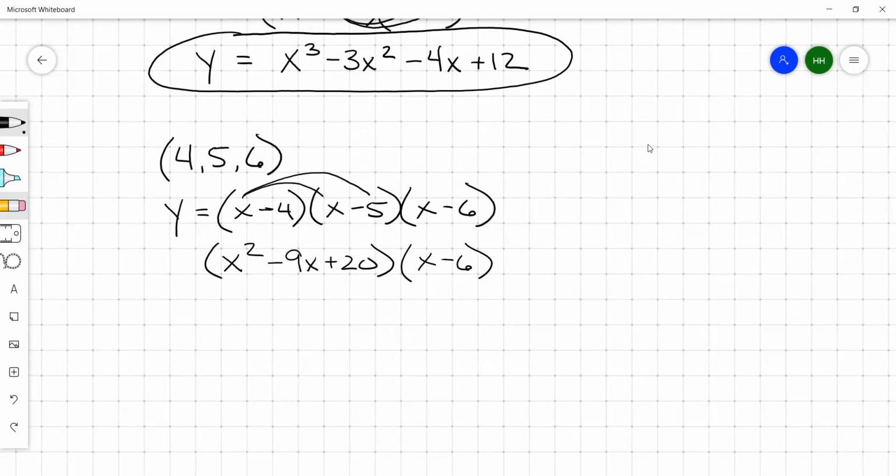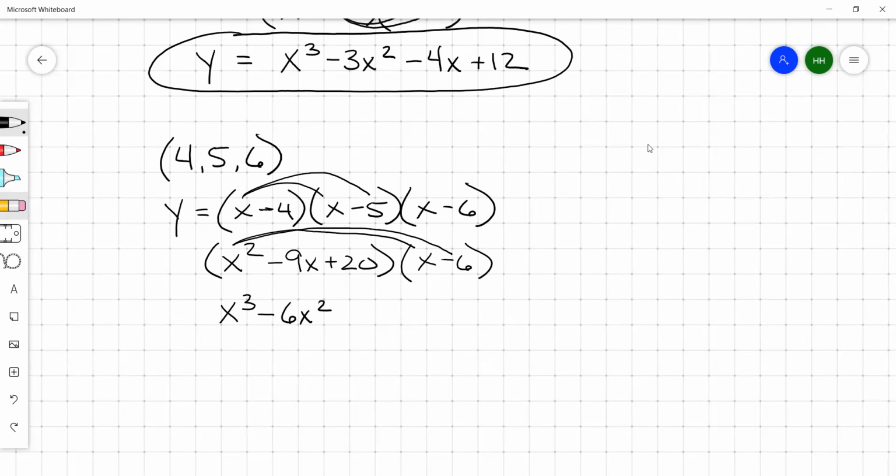Now there's no shortcut left because you have to multiply everything in the left set of parentheses by everything in the right set of parentheses. So you got your x squared times your x, which gives you x to the third. You got your x squared times your -6. So that's -6x squared.